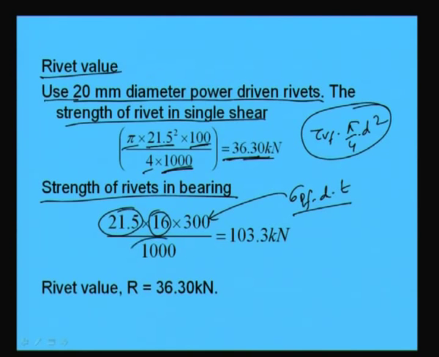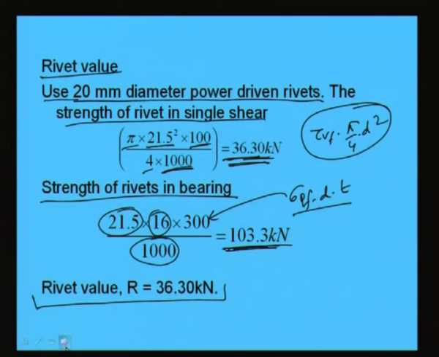And if we divide by 1000 to make it kilonewton, then finally the value will become 103.3 kilonewton. So, the strength of rivet in single shear is 36.3 and the strength of rivet in bearing is 103.3. Therefore, the rivet value R can be taken as 36.3 kilonewton.